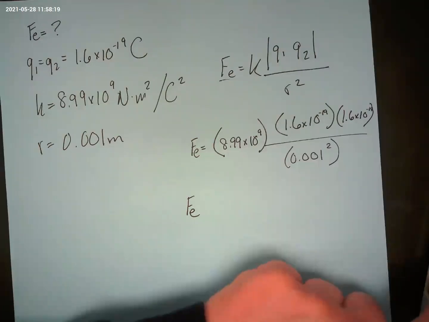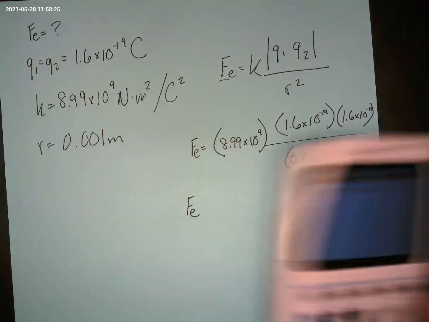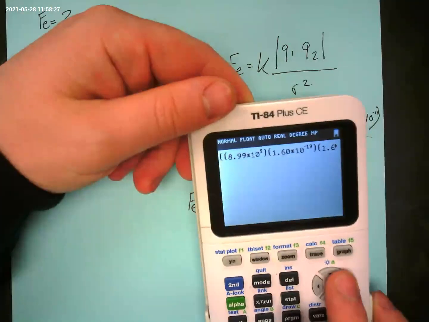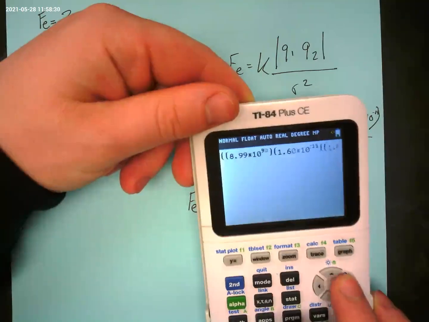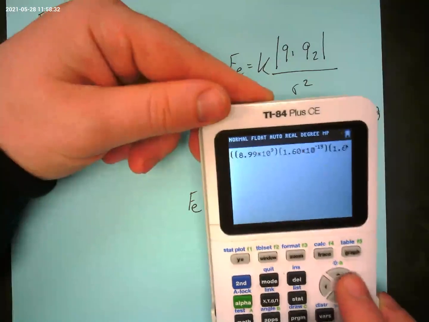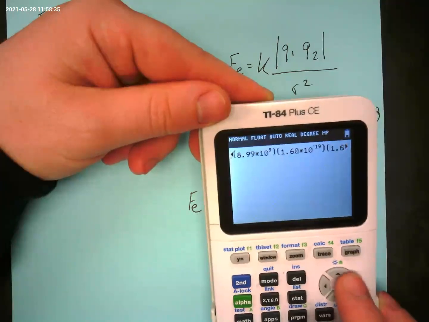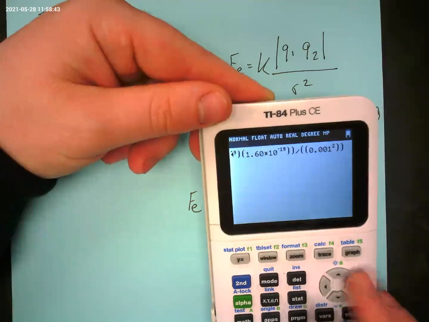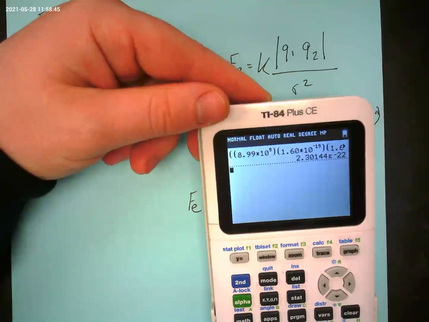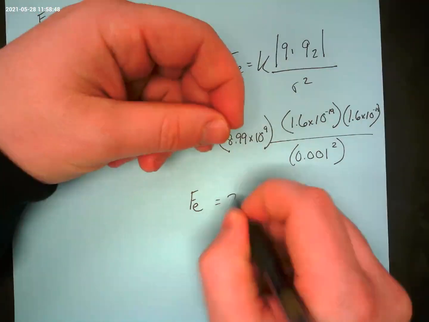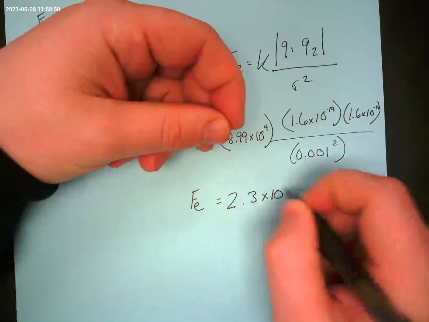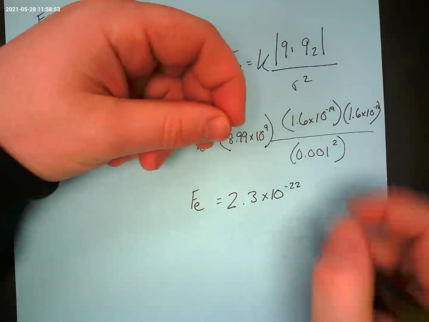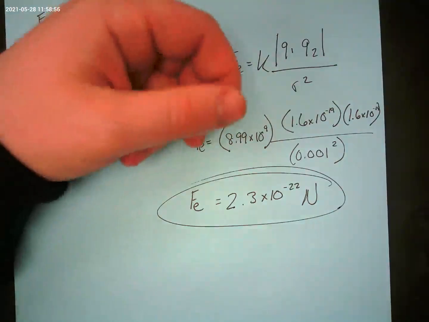We can put that into the calculator, close all that, and divide by 0.001 squared. We should get roughly 2.3 times 10 to the negative 22nd newtons for our electrical force.